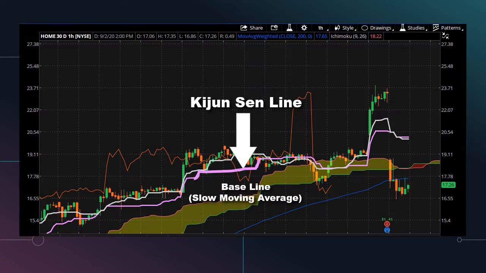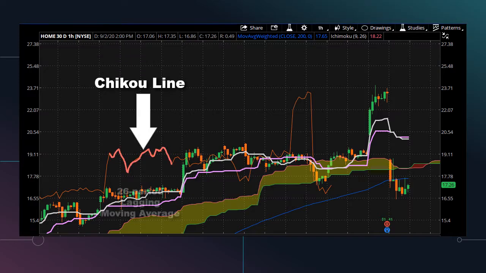The Kijun-sen line, which is plotted here in purple, is also called the baseline or slow-moving average. Finally, the Chikou line, pictured here in red, is a 26-period lagging moving average.